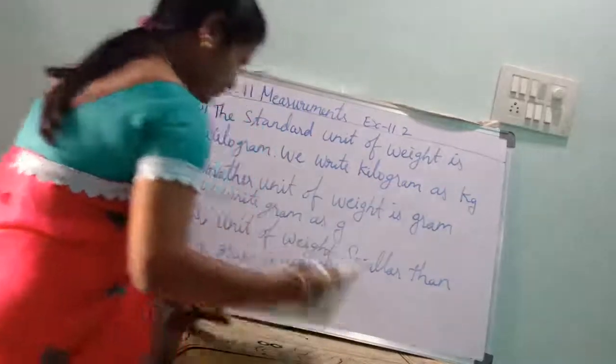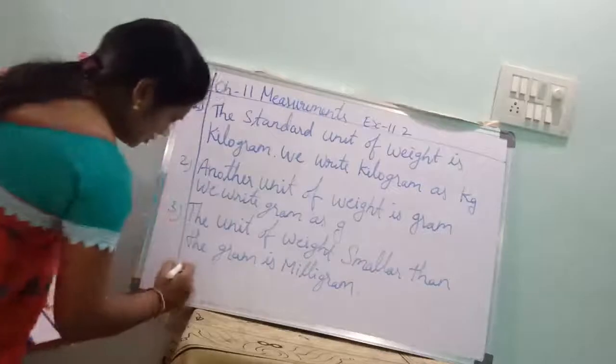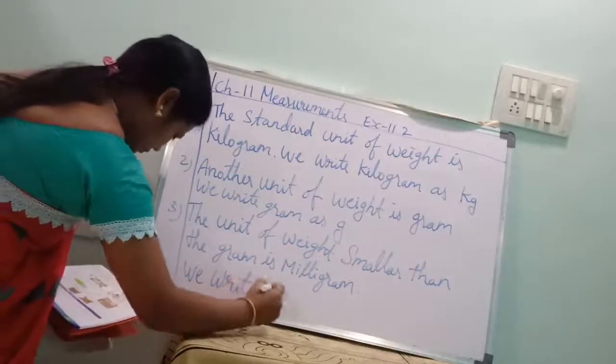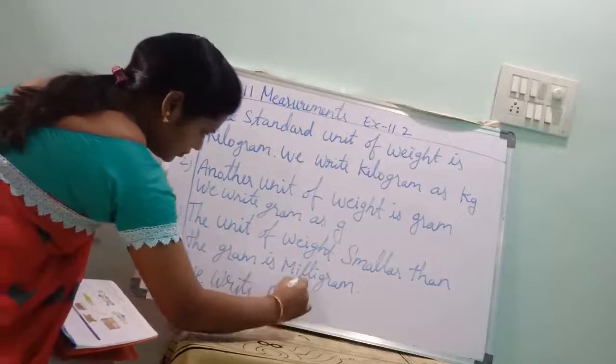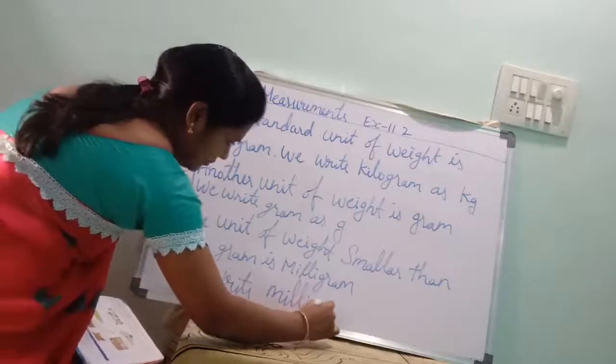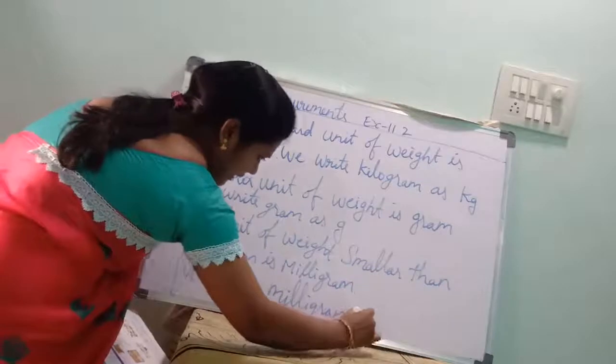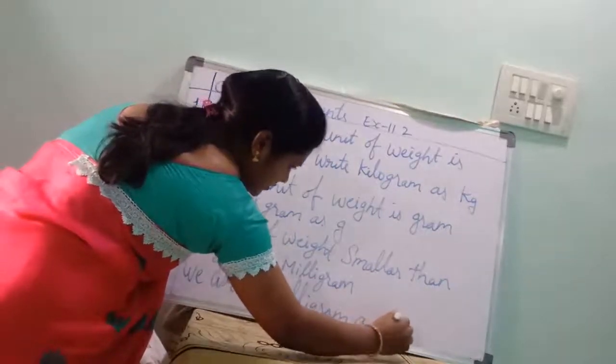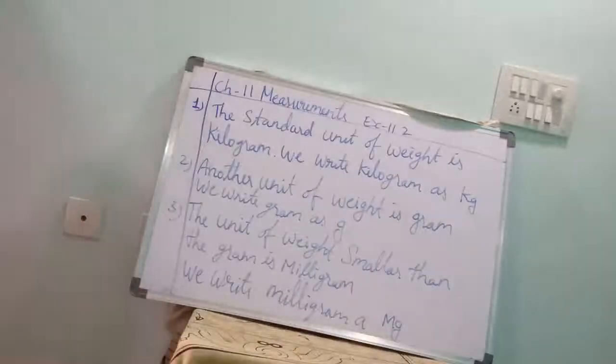Understood, children? We write milligram as mg. Write fast, children.